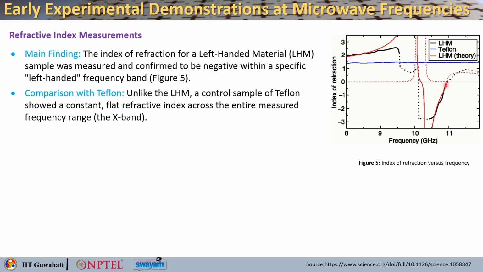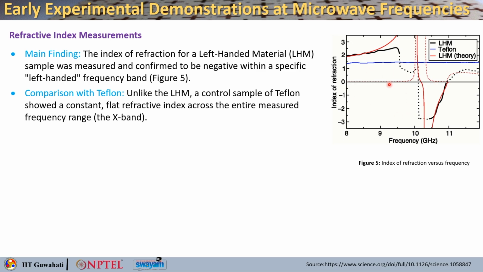So, they are given as dotted lines. Along with that, the red ones basically show the theoretical calculated value of the left hand materials. They are also in the red, you see the dotted lines, they basically tell you the imaginary component of the theoretical expression of the refractive index.